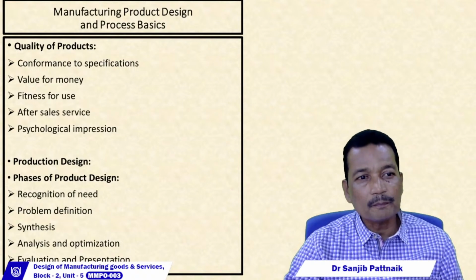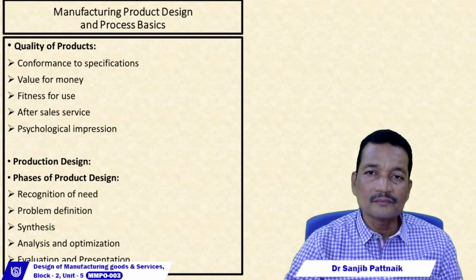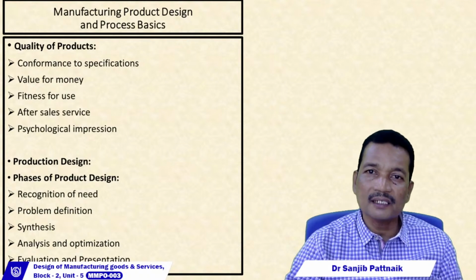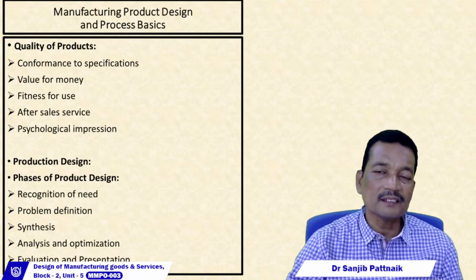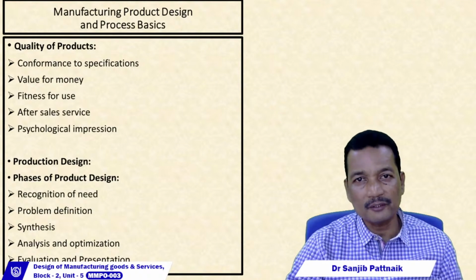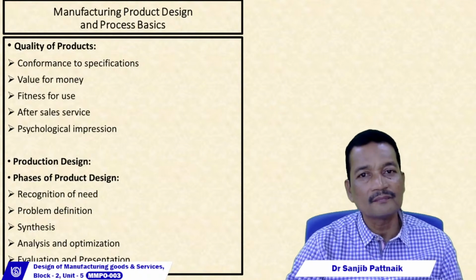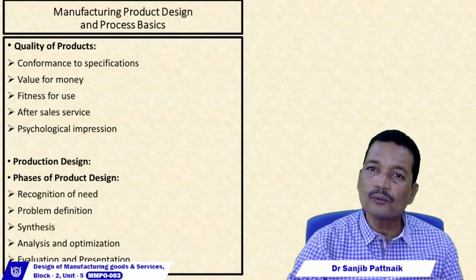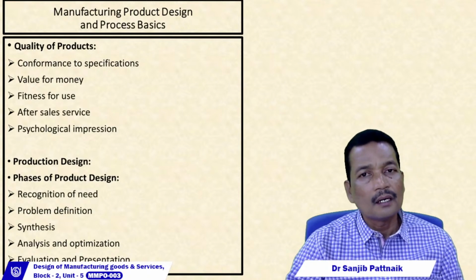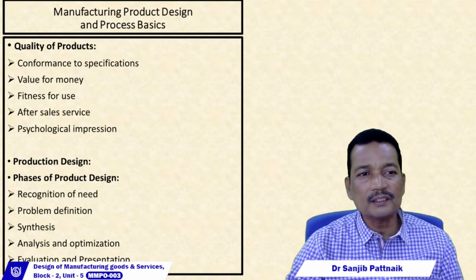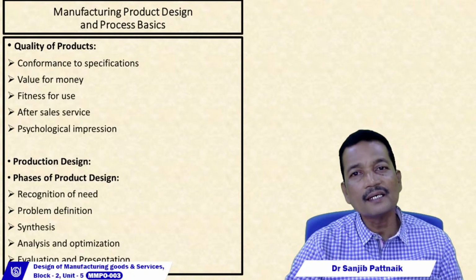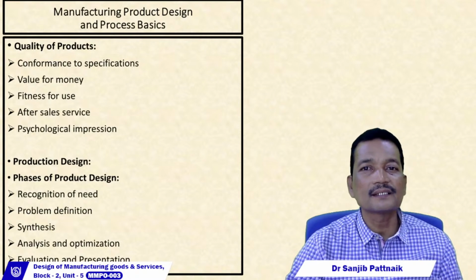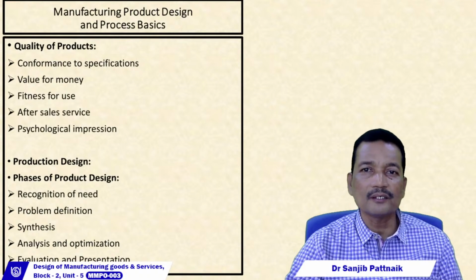Now the quality of product also depends upon after sales service. Yes, one may say that the product has been produced according to specification and it is ready or fit to use. But there can always be snags or technical difficulties after the product gets to be used by the customers.